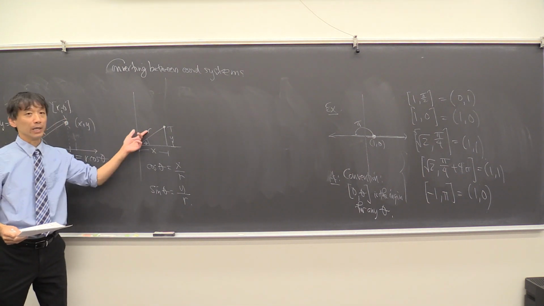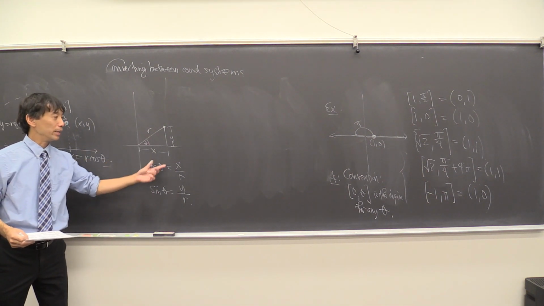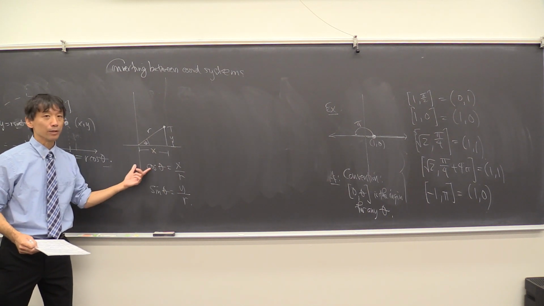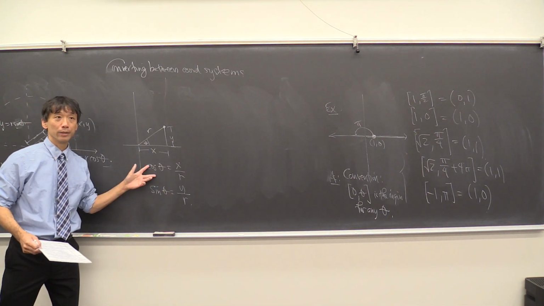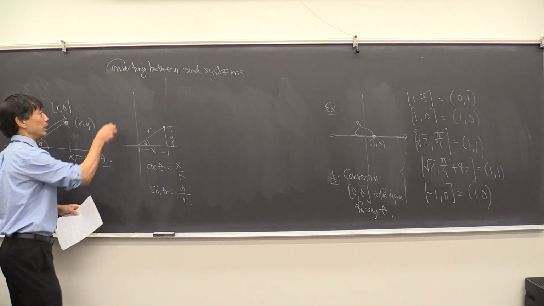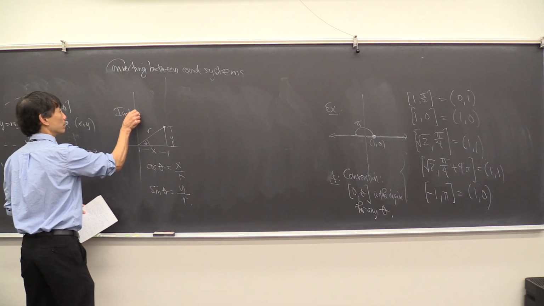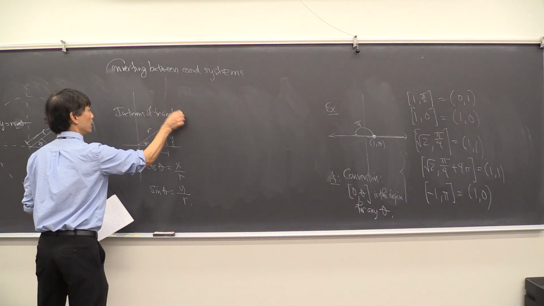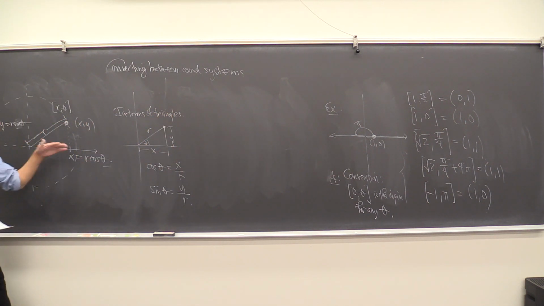Cosine is adjacent over hypotenuse, sine is opposite over hypotenuse. And so x is r cosine theta, y is r sine theta. Okay, so in terms of triangles. And that actually works in every quadrant.